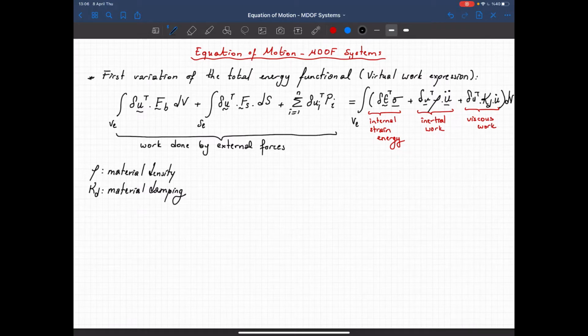And here Fb is the body forces, Fs surface forces, and Pi is the concentrated loads.